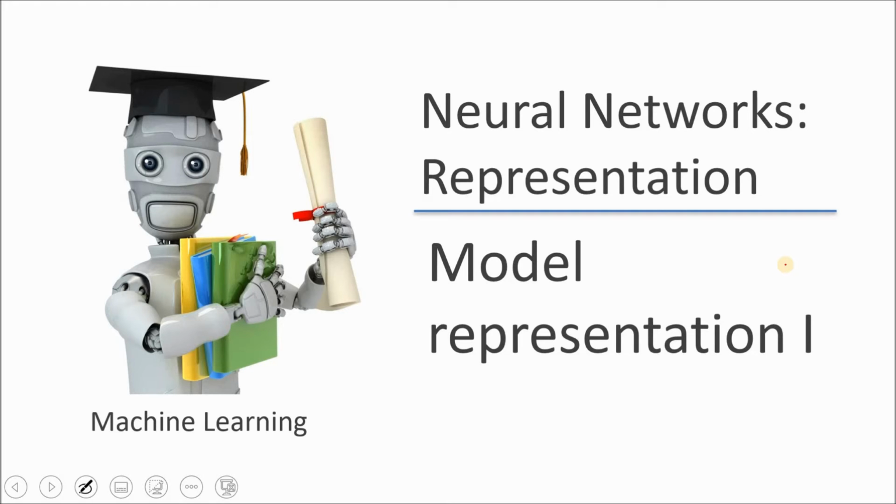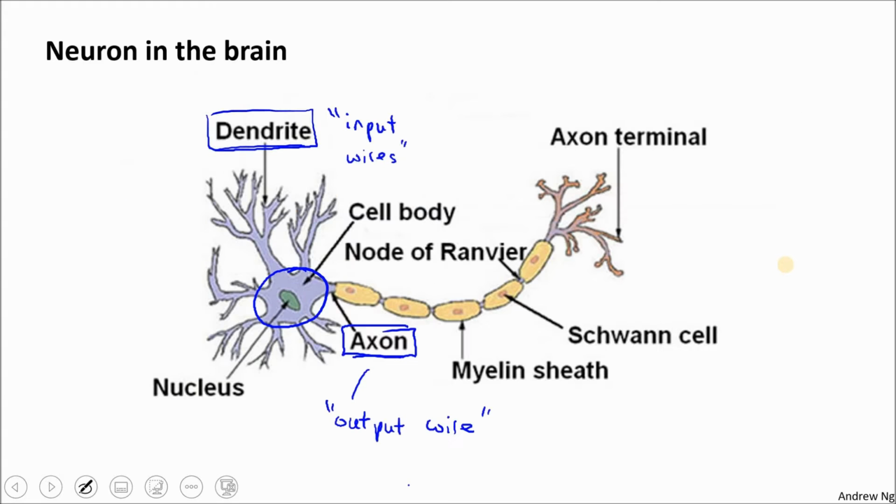Now, why did we study this? We studied this because neural networks are created based on the idea of the human brain. The human brain contains lots, you can say millions or even trillions, of small cells. We call them neurons.